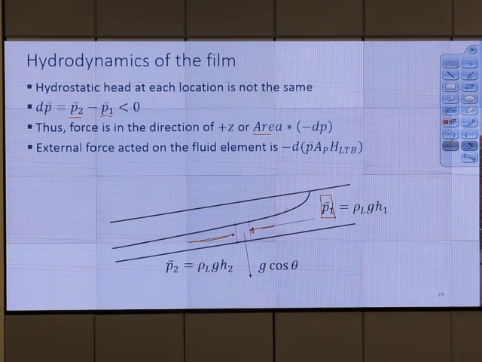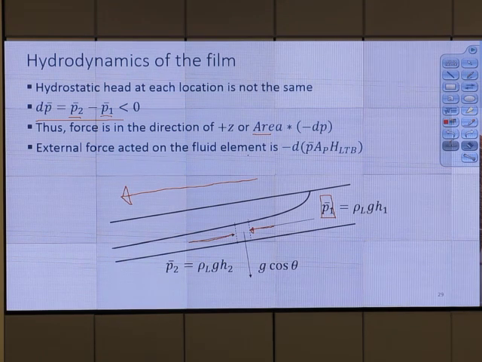And we know that in the positive Z, which is that direction, the net force will be minus dP, when we define dP like that. So the net force will be area multiplied by minus dP.